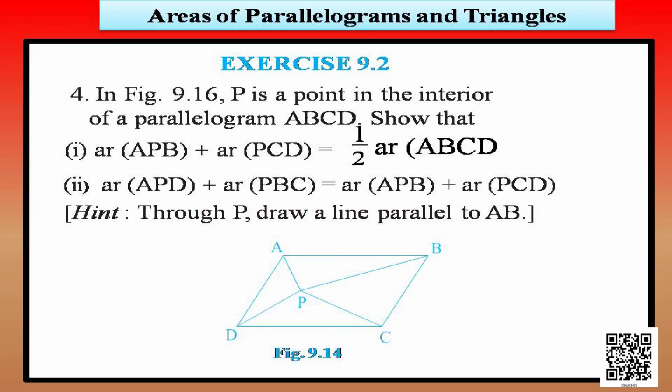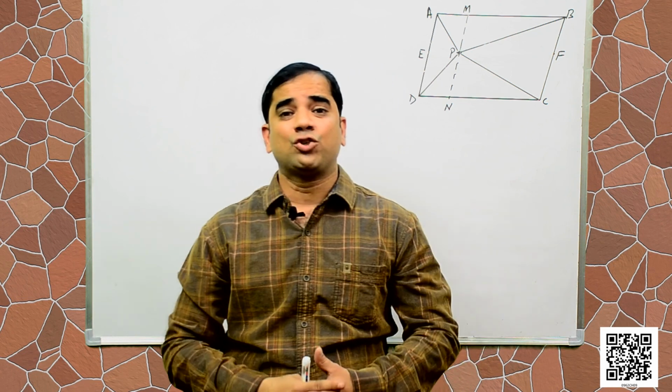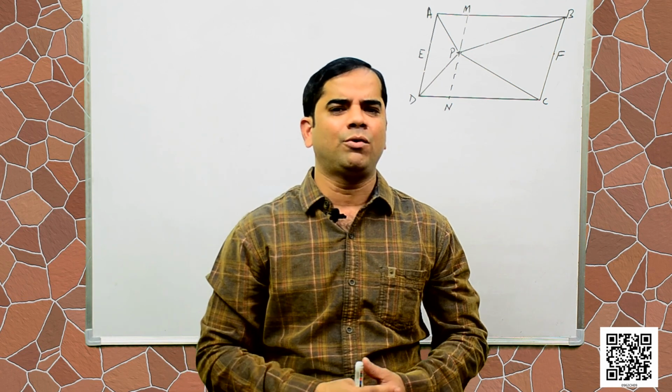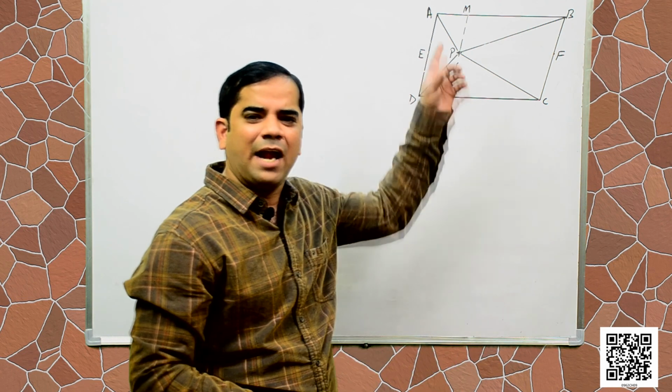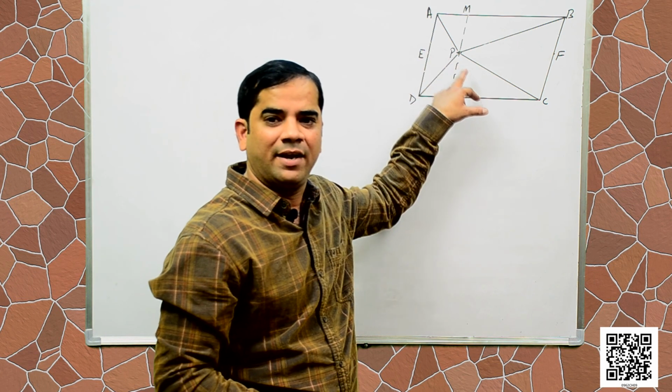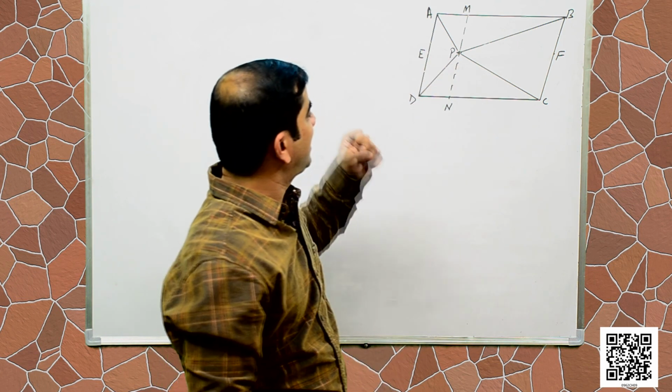Students, part 2 is asking to show that area APD plus area PBC is equal to area APB plus area PCD. Let us now discuss the solution. To find the solution for part 2, I have drawn a line MN passing through P and parallel to line segment AD.